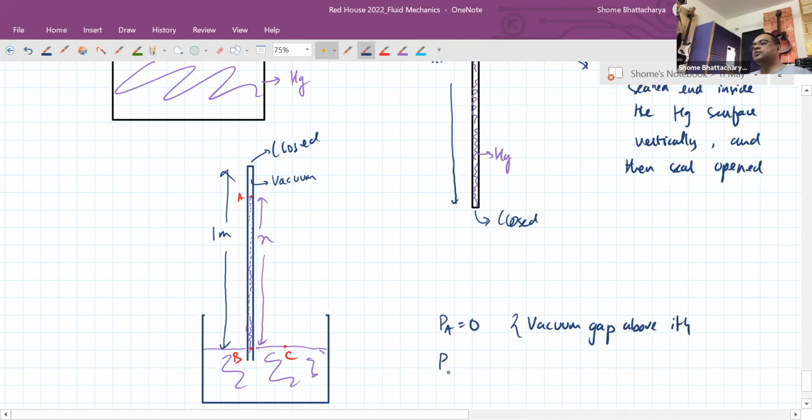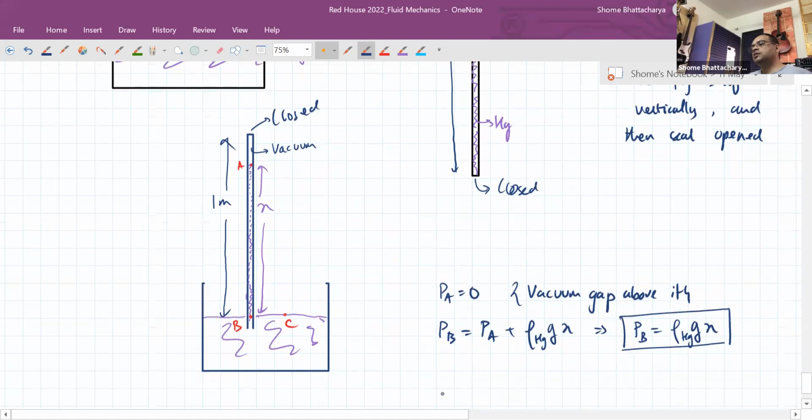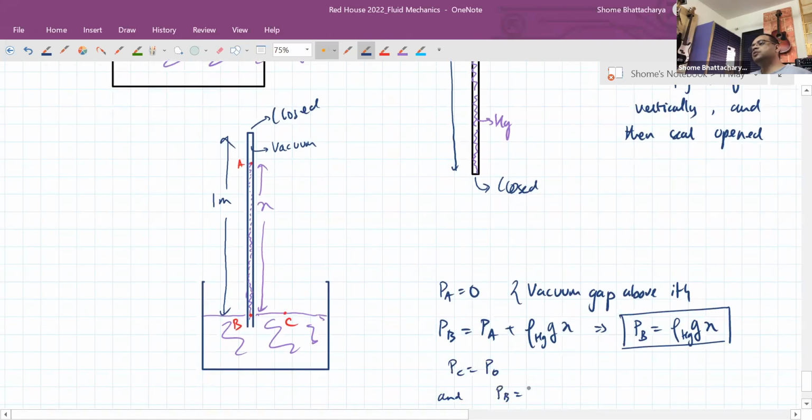Okay. Pressure at the point B will therefore be equal to pressure at A plus density of mercury into g into whatever that level is. So the absolute pressure at the point B, which is inside the tube but at the same horizontal level as the open surface, should be equal to density of mercury into g into X. Whereas C is at an open point, so the pressure at the point C should be equal to atmospheric pressure, and pressure at B should be equal to pressure at C, because the vertical difference between B and C is 0.